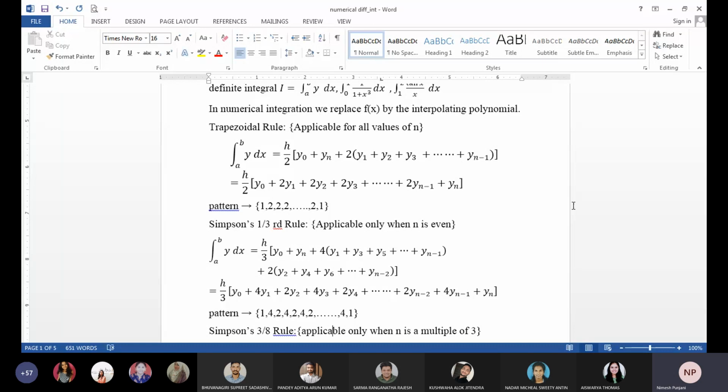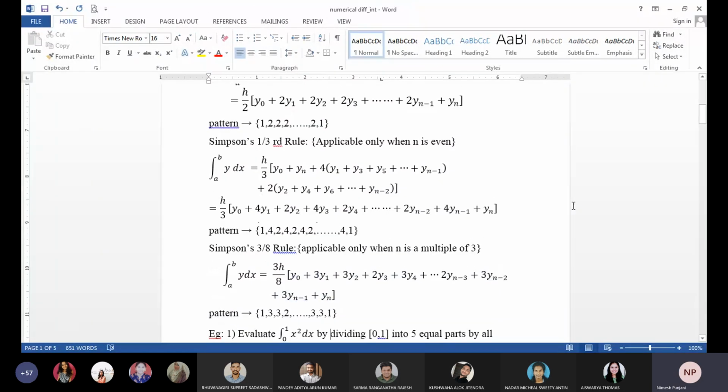So the first and last term's coefficient will be 1. For all terms with odd suffix the coefficient will be 4, and for all terms with even suffix the coefficient will be 2.